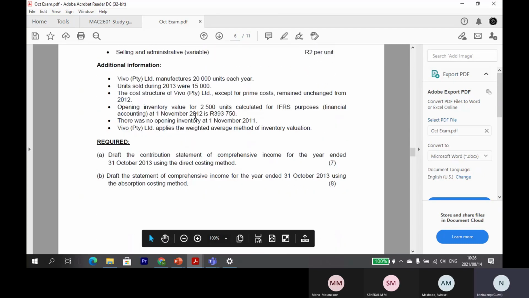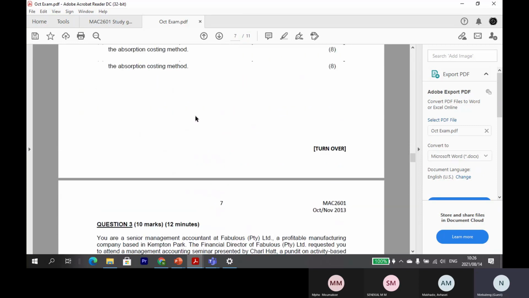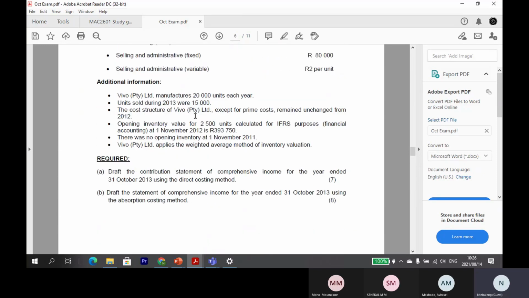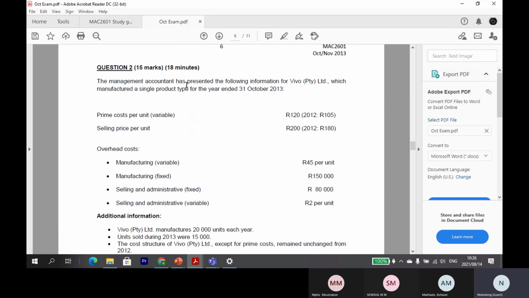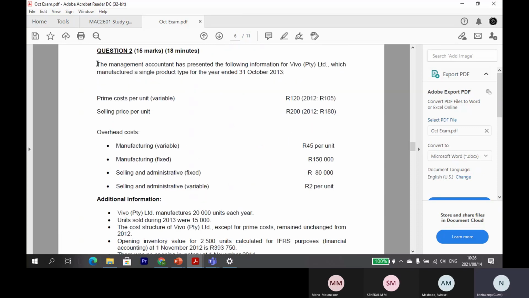I'm going to read the question with you guys and then give you that 18 minutes for you to attempt it. Okay, so let's read the question together. It says that the management accountant has presented the following information for Vivo Pty Limited, which manufactured a single product type. Nice, single, so you don't have to stress much.